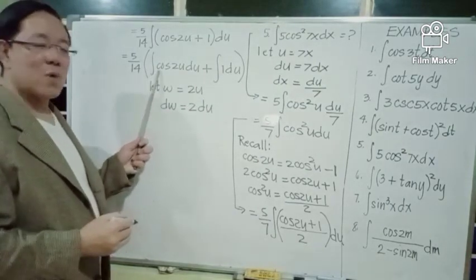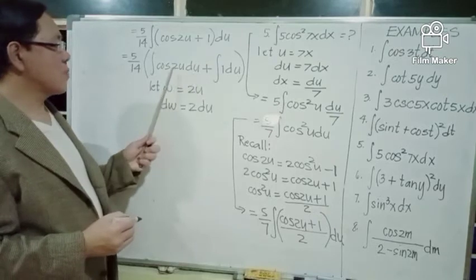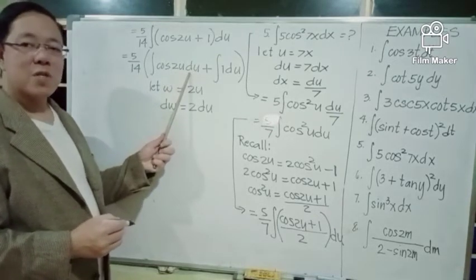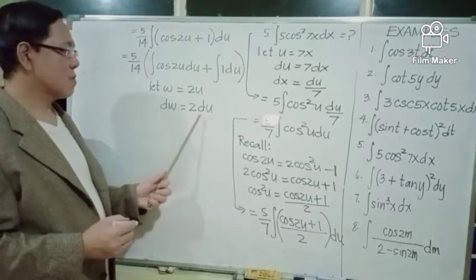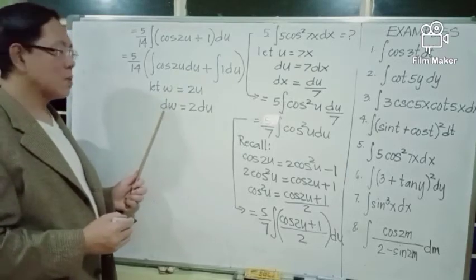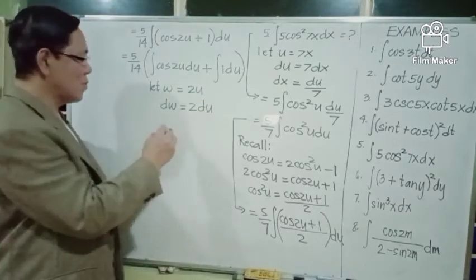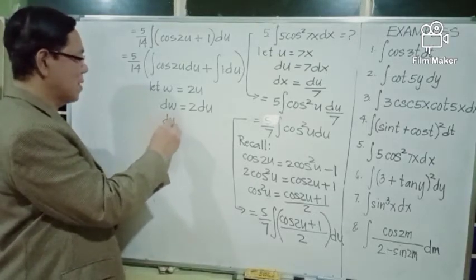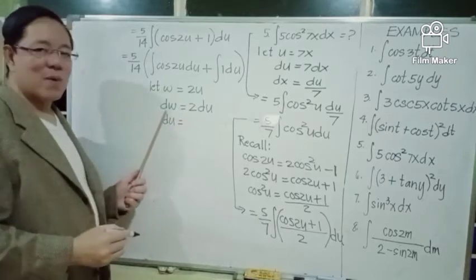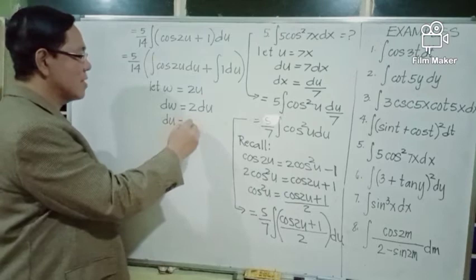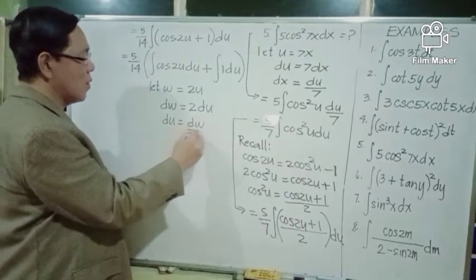In the integral of cosine 2u du, we replace 2u with w. And we solve for du from this equation. We divide both sides by 2. 2 du divided by 2 is du. We also divide dw by 2. We get dw divided by 2 over 2.